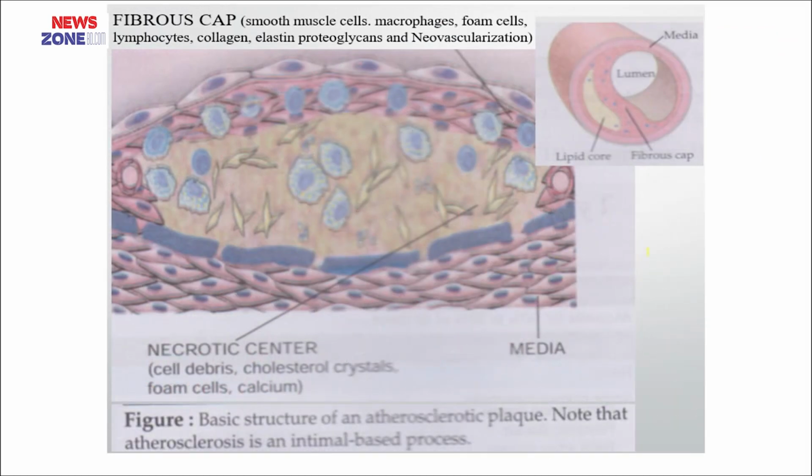If you see the picture of an atheromatous plaque, the center is the lipid core, containing cholesterol and cholesterol esters, a few lipid-laden macrophages, smooth muscle cells that migrate in, and also the fibrous cap. Smooth muscle cells and macrophages form foam cells, and lymphocytes also infiltrate into the plaque.